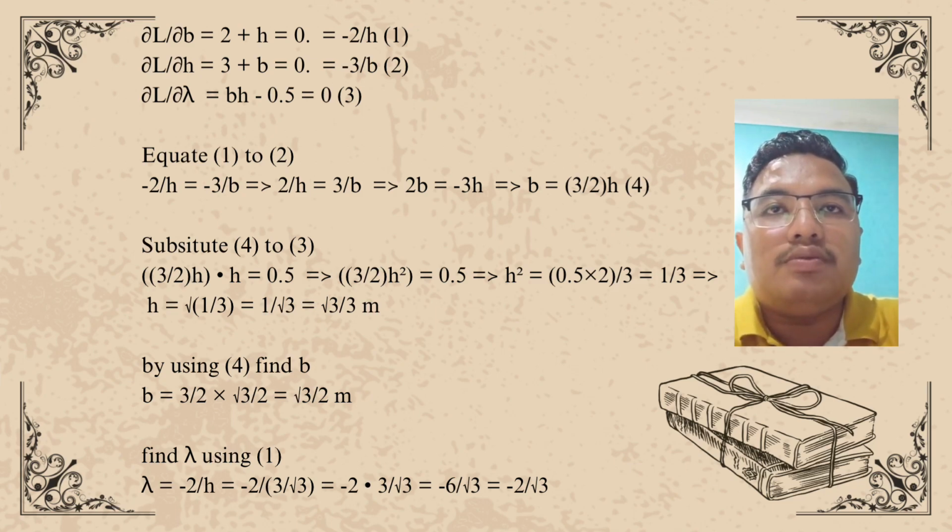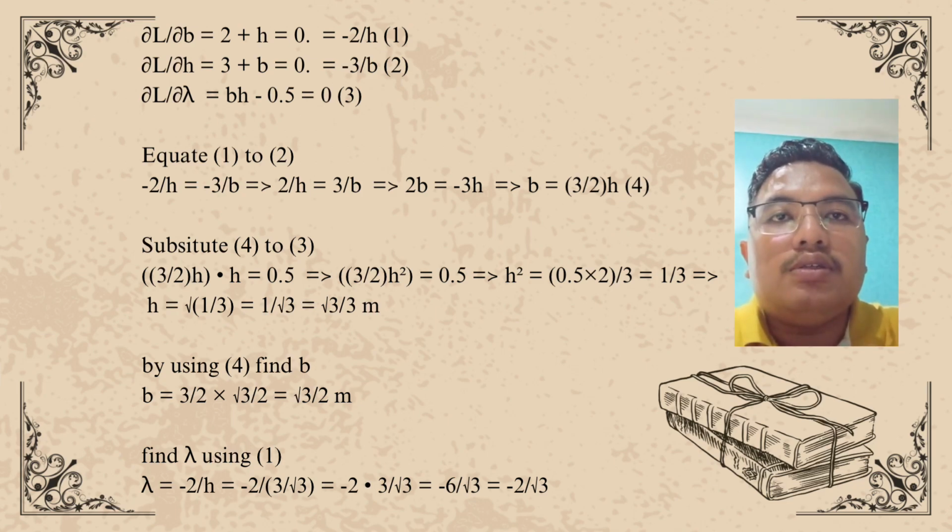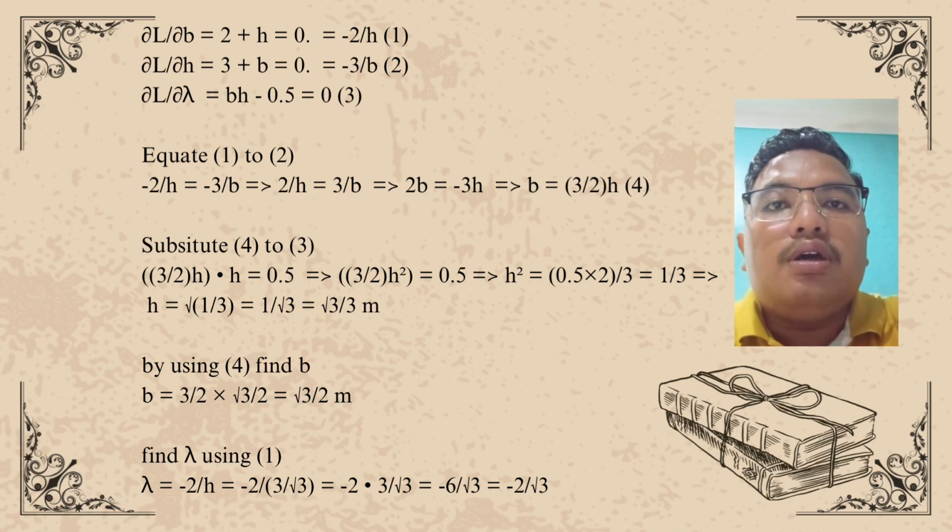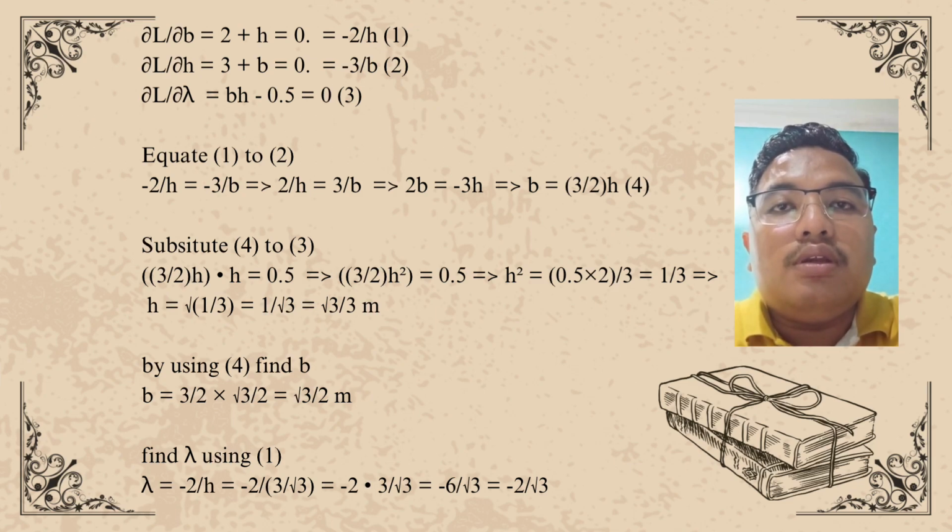Partial derivatives are computed as follows. Derivative with respect to B: the term 2B gives 2, and lambda multiplied by BH yields lambda H. The result is 2 plus lambda H. Derivative with respect to H: the term 3H gives 3, and lambda multiplied by BH yields lambda B. The result is 3 plus lambda B. Derivative with respect to lambda: the result is BH minus 0.5.